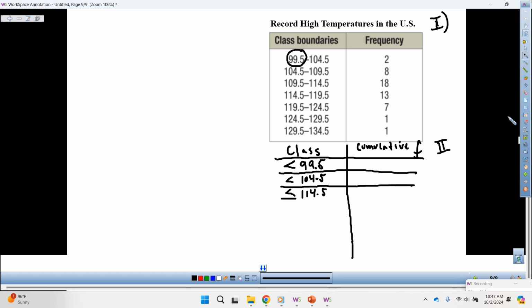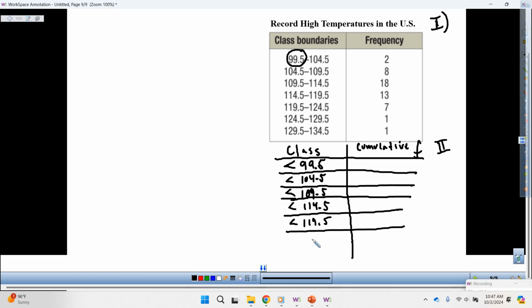Yeah, I'm just trying to keep you guys on your toes. Less than 114.5. Less than 119.5. Less than 124.5. Less than 129.5. Less than 134.5.